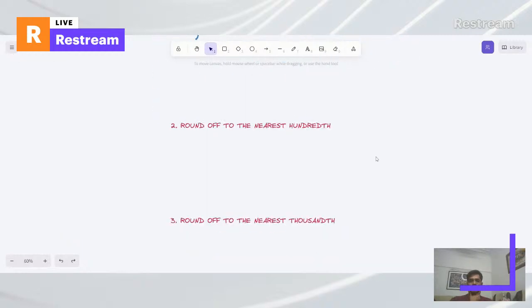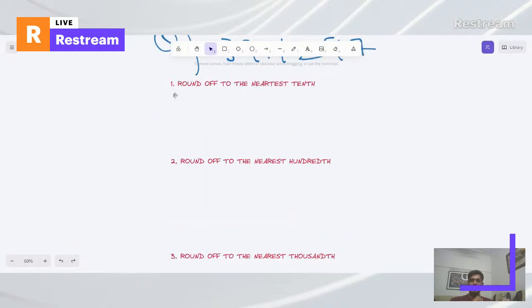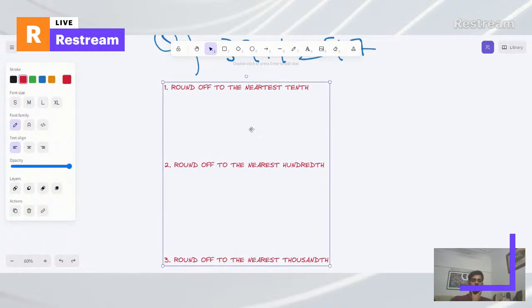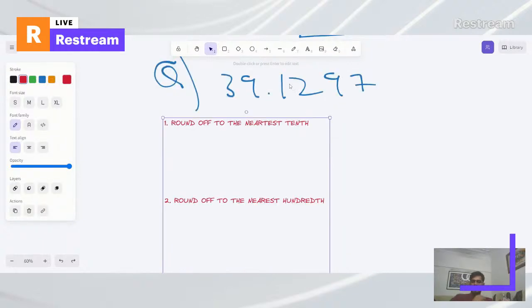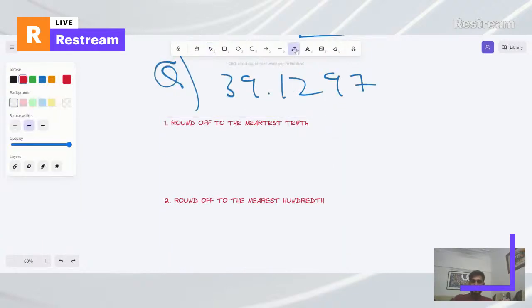All right, so what do we do for the first part? One of you has already given me the answer, so I guess Locius, you're right. We take this number 39.1297.